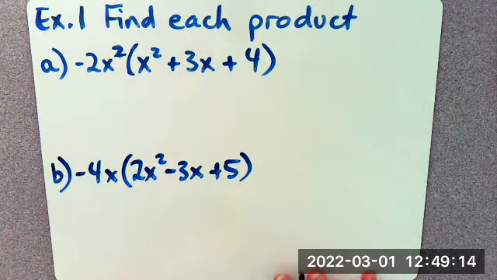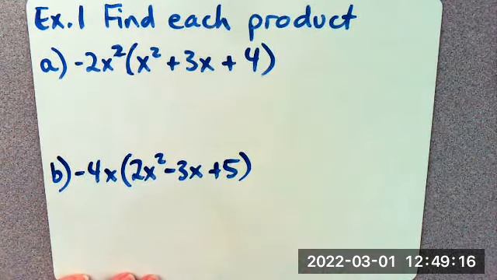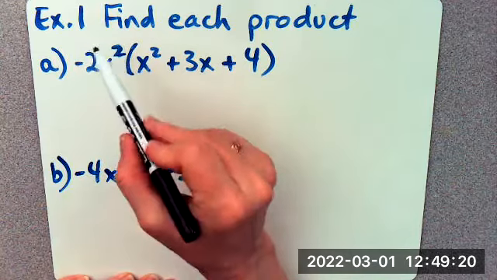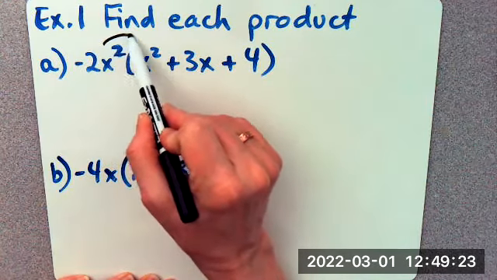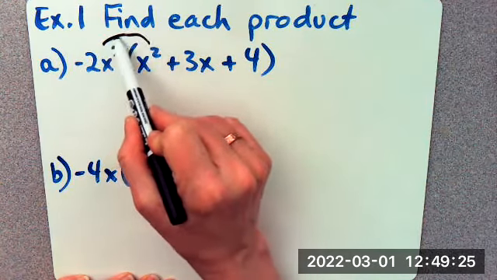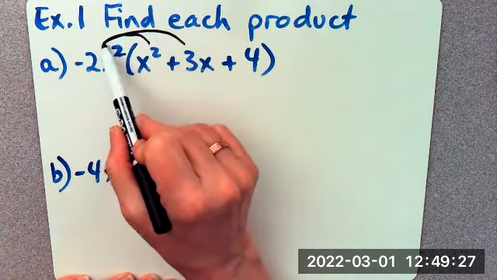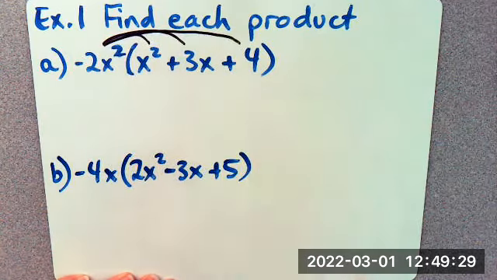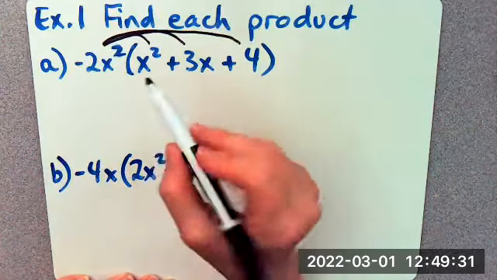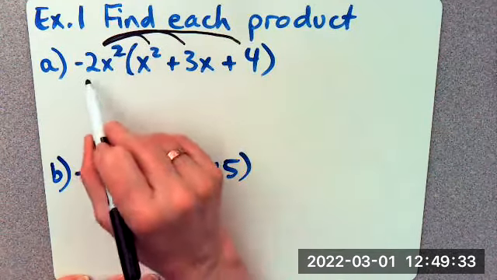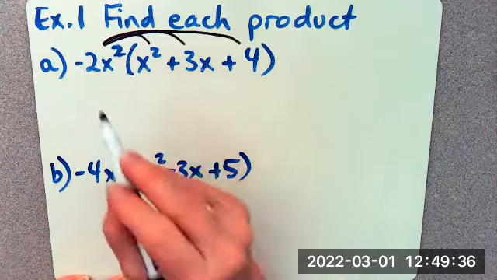All right, so let's take a look at the tools of multiplying polynomials. So we have the distribution tool. So we can distribute that negative 2x squared to all 3 of these terms in the trinomial. So a monomial times a trinomial.